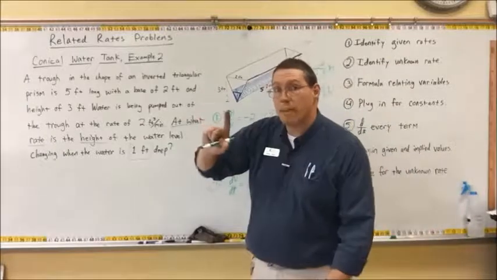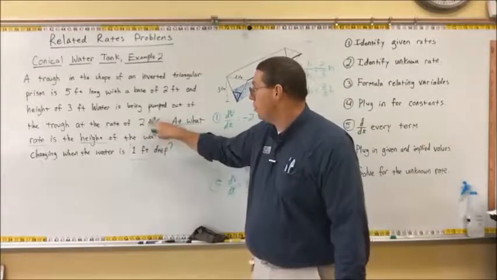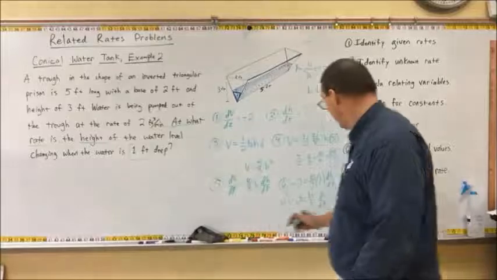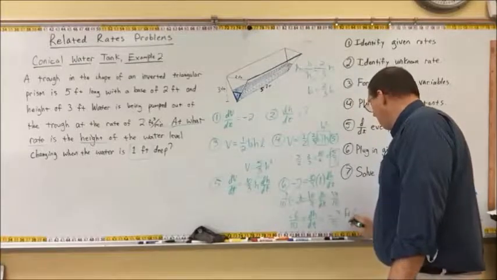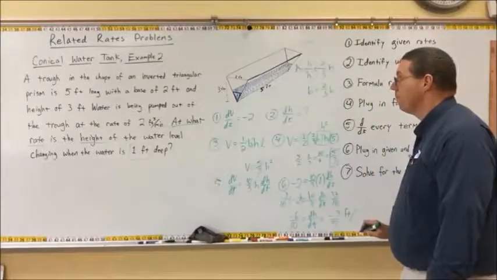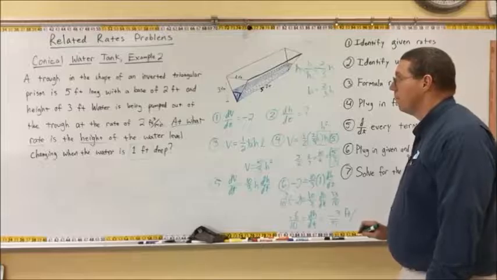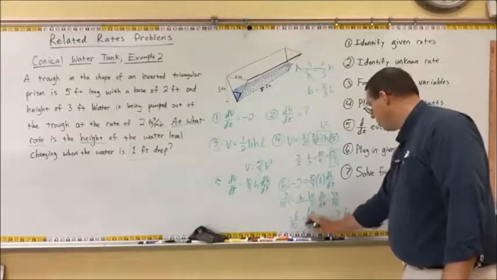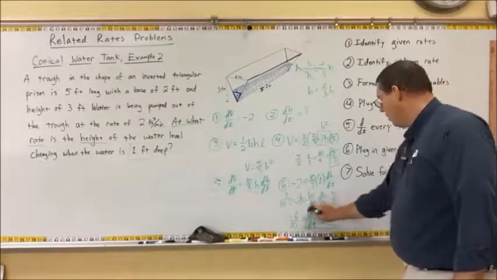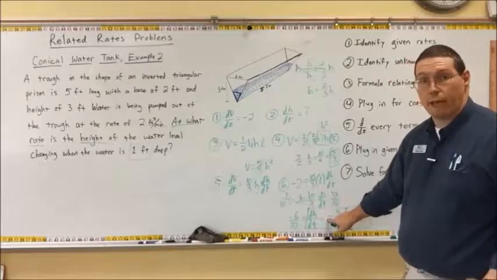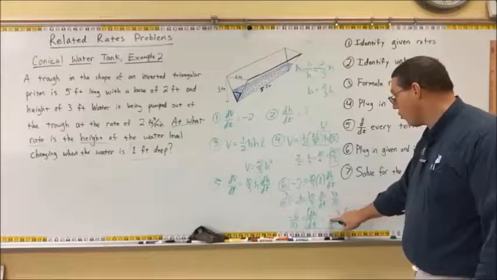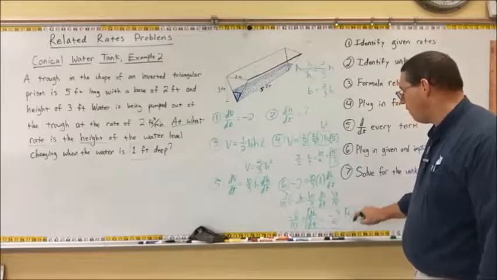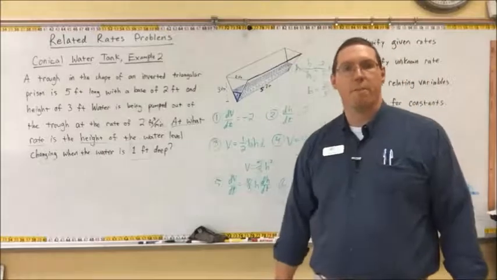Height is a first dimension variable, so we're not going to put cubic feet, we're just going to put feet per minute. So dh/dt: because I got a negative, the height is decreasing at 3/5 feet per minute, or 0.6 feet per minute.